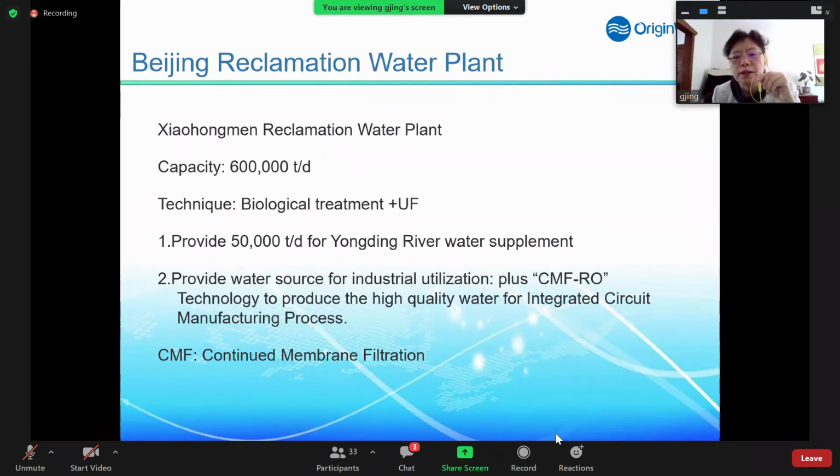For example, we can do further treatment with CMF RO, continuous membrane filtration, to produce high quality water for the integrated circuit manufacturing process. Then we don't have to use tap water. This water already meets the requirement, and we can save our natural water source.